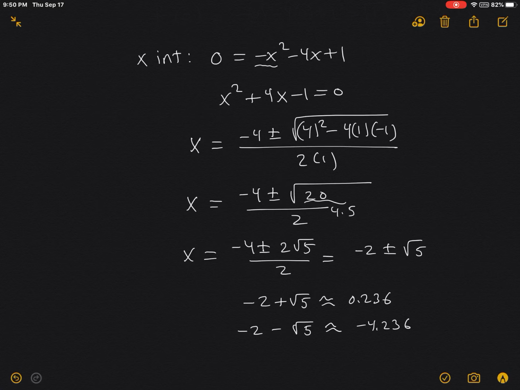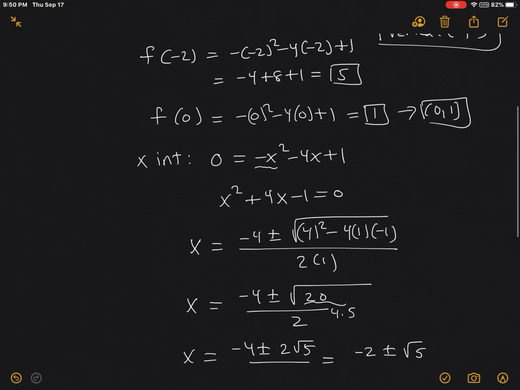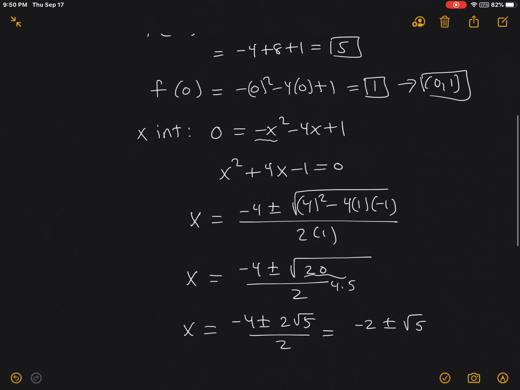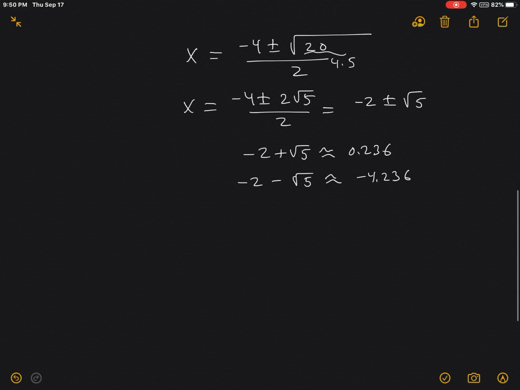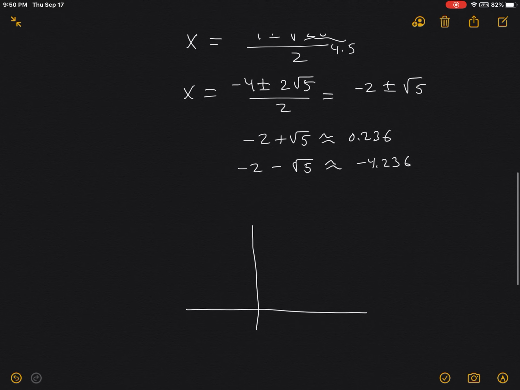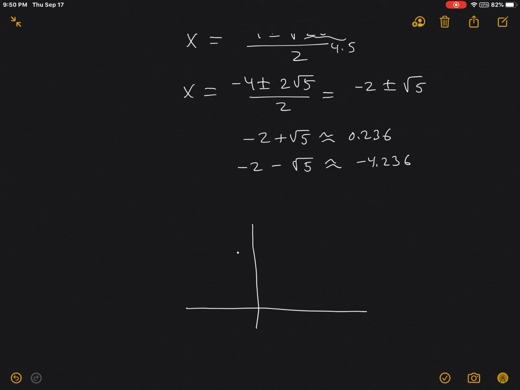So you have more than enough information here. You can graph this. We said a was less than 0, and the vertex is negative 2 comma 5. So let's graph it. The vertex negative 2 comma 5 is somewhere over here.